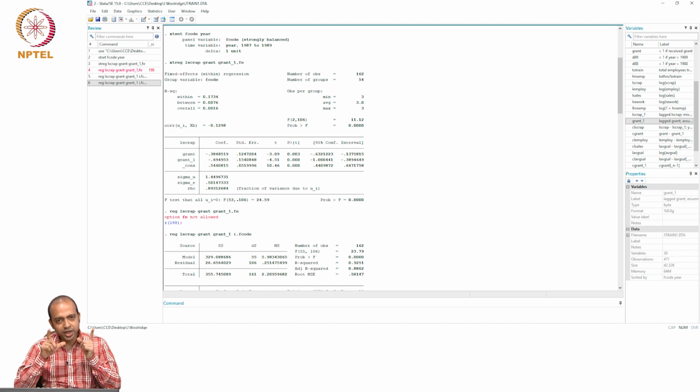We need to check the validity of the restriction. The restriction is A1 equals A2 dot dot dot AN minus 1 equals 0. We will first estimate the unrestricted one, then we will estimate the restricted one, calculate the R square, and compute the F statistic, and this is the F statistic Stata is showing you. The value is 24.59 and the corresponding P value is 0.0000, which is quite significant.